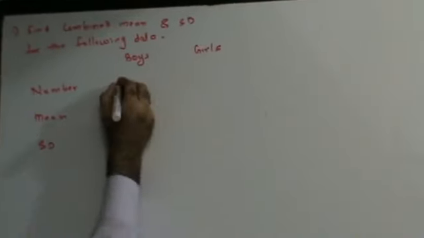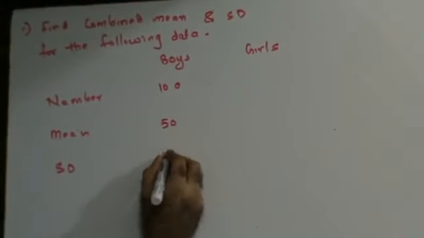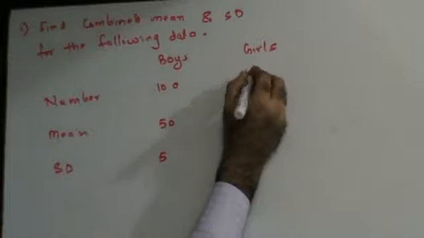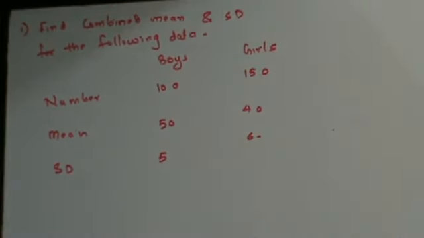Now the data is given to you this way: number, mean and standard deviation, boys and girls, 100, 55, 150, 46.